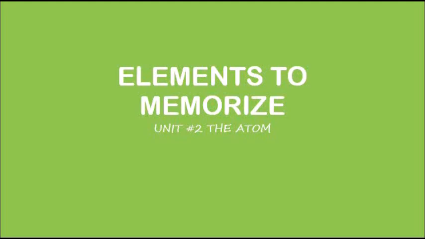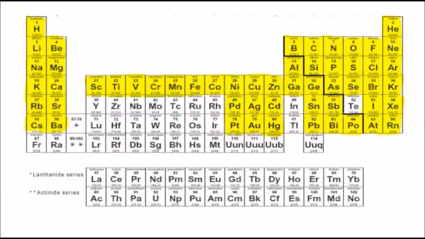Fortunately for you, you don't have to memorize every element on the periodic table, but I have taken the time to go through the periodic table and point out all the elements that are common and that you probably need to know.